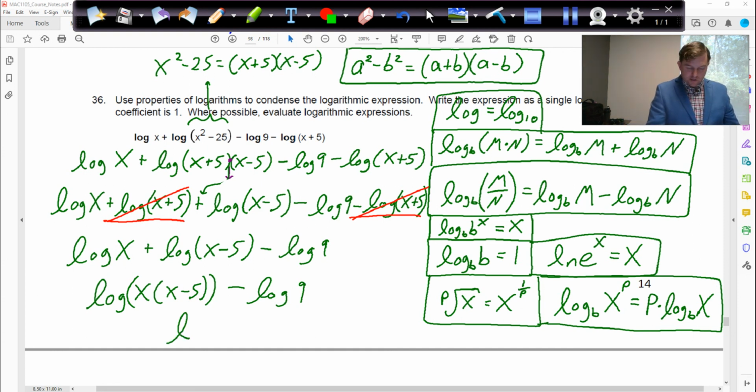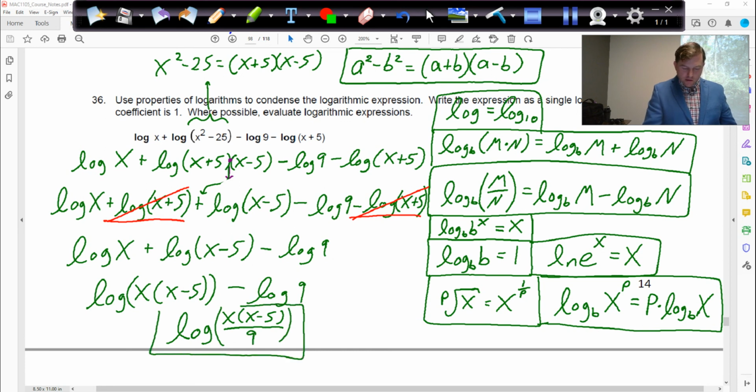So the final answer is going to be log x, x minus 5 on top, and the 9 on the bottom. And that would be the simplified version of 36. All those logs, minuses and pluses, and we combine into one log that includes a multiplication and a division. That would conclude 36 and conclude section 4.3.